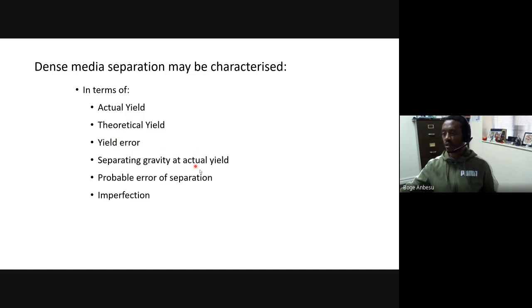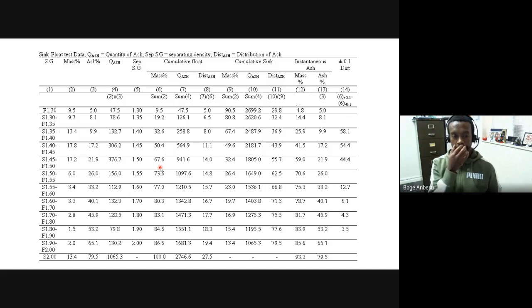Or we can construct different curves, the washability curves, and so on. Just like we did for size, we can do the same thing for gravity separation. Or we can calculate imperfection, errors, and so on, based on the performance of the sink and float test. I'll talk about how we can achieve those in the next slides.